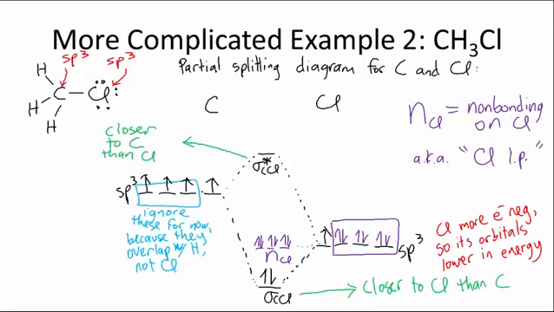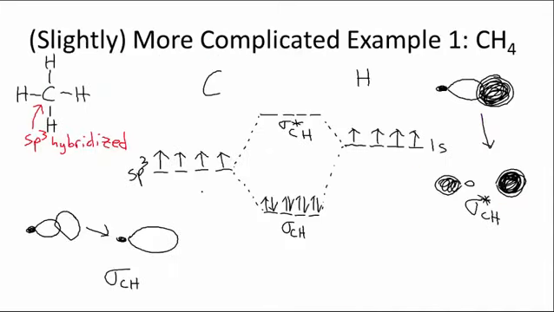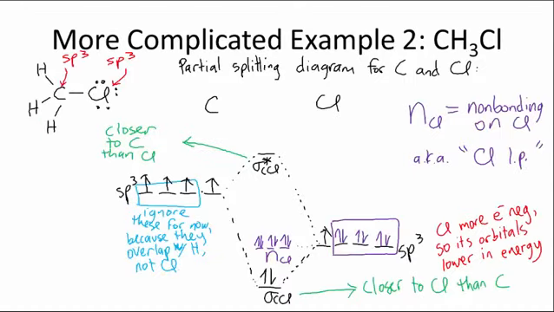The CH orbitals. Those 3 sp3 orbitals from carbon that overlap with hydrogen 1s orbitals are going to make sigma CH and sigma star CH like we've seen before. So the question is, where do those end up in the diagram?